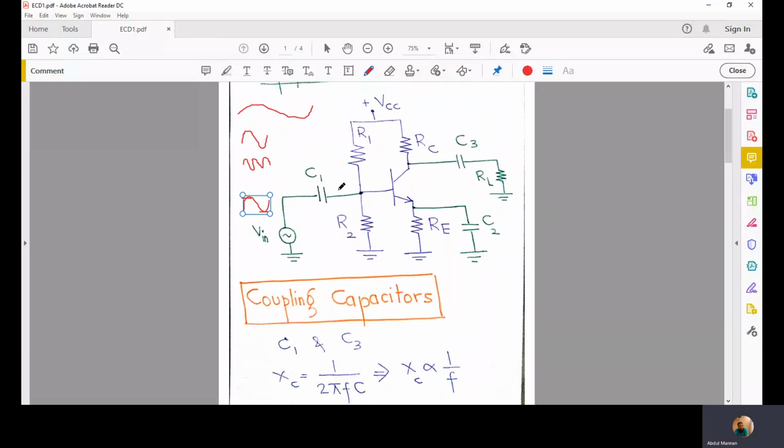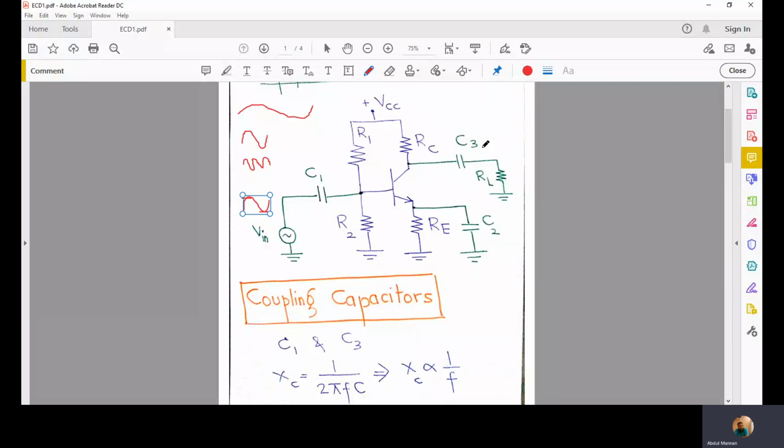They are there to stop the higher magnitude DC currents from flowing through this small valued AC input source so that it can be saved from being destroyed. As well, on the output side, C3 ensures that there is no DC across RL and we get only AC there. This is the purpose of having coupling capacitors C1 and C3.